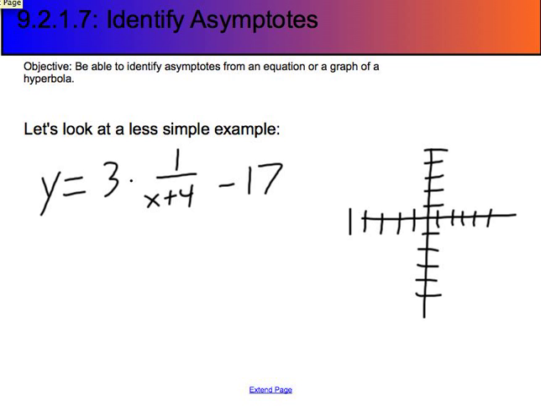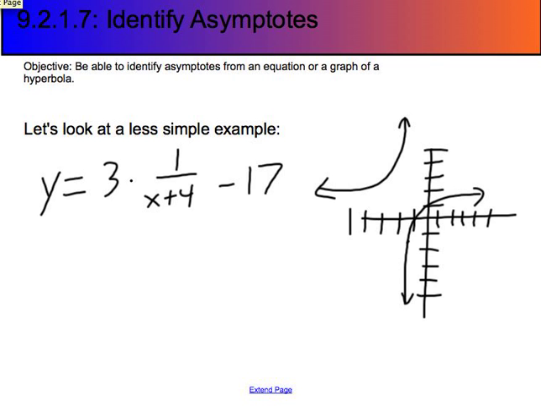See if I can make this one a little bit better. Not much, to be sure. Alright, so where are the horizontal and vertical asymptotes?